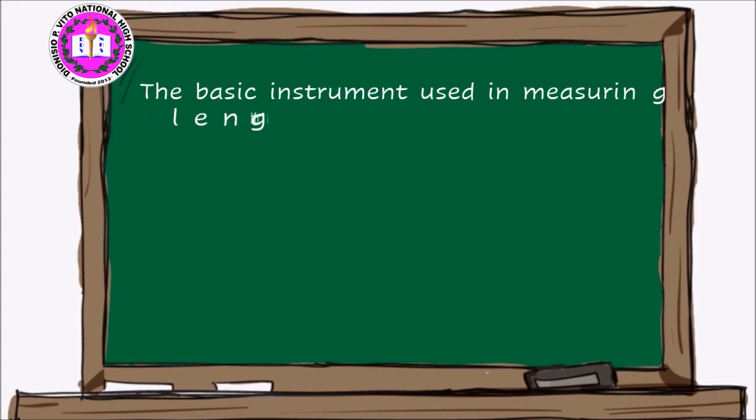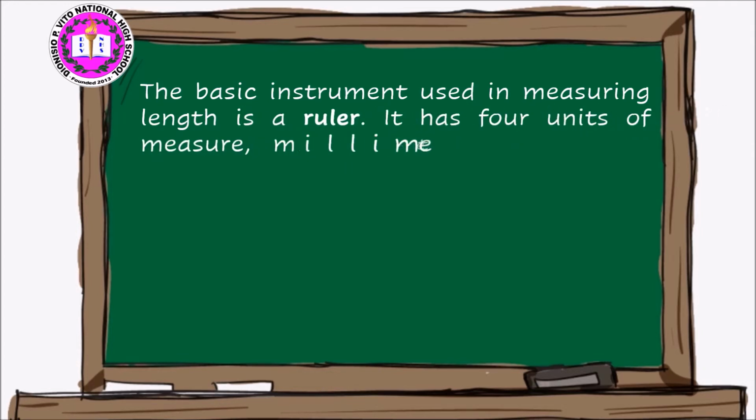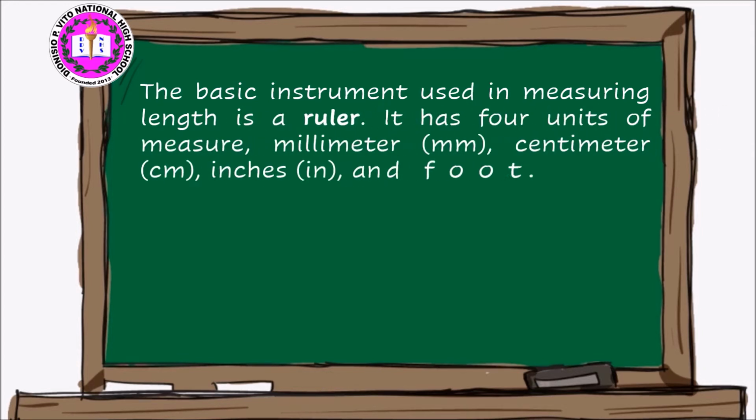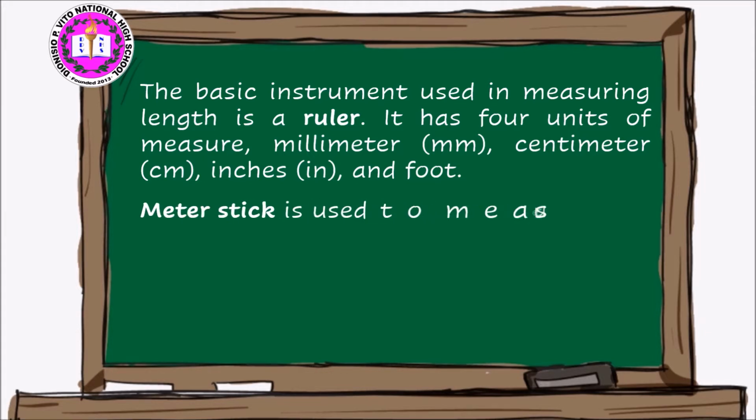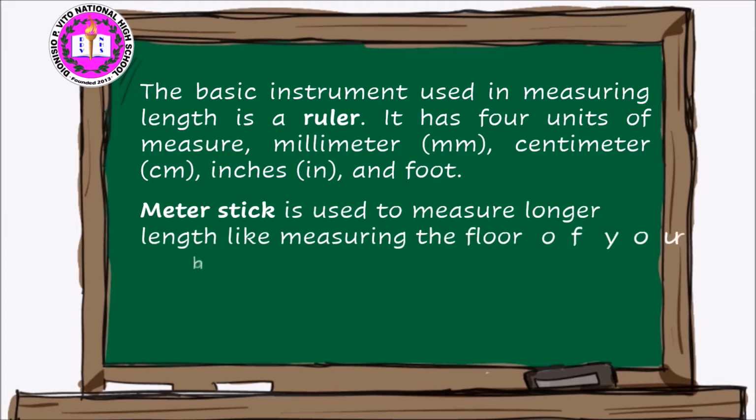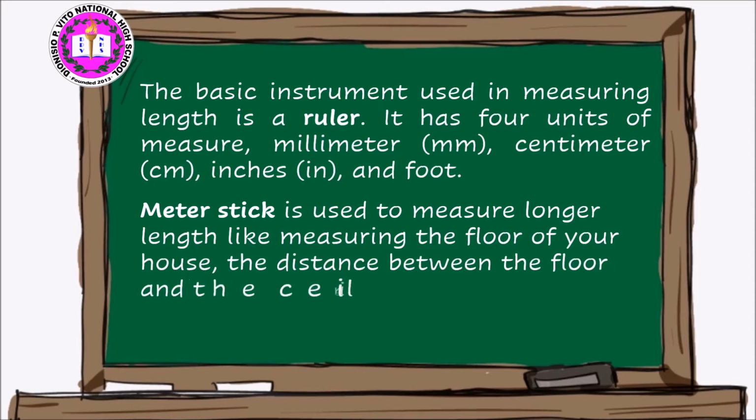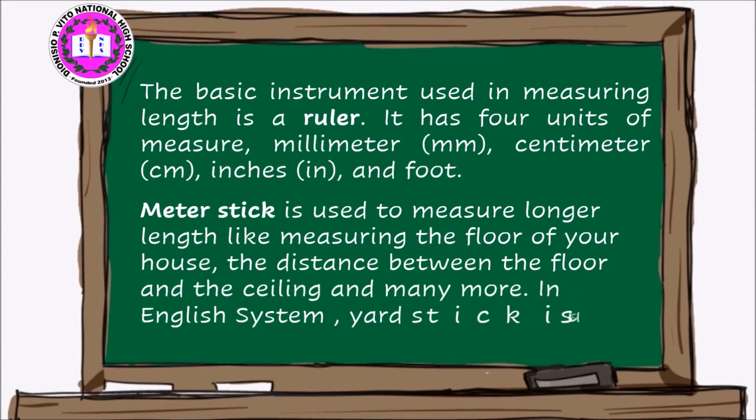Length is used to determine perimeter and area of other geometric figures. The basic instrument used in measuring length is a ruler. It has 4 units of measure: the millimeter, the centimeter, the inches, and foot. Meter stick is used to measure longer lengths, like the floor of your house, the distance between the floor and the ceiling, and many more.